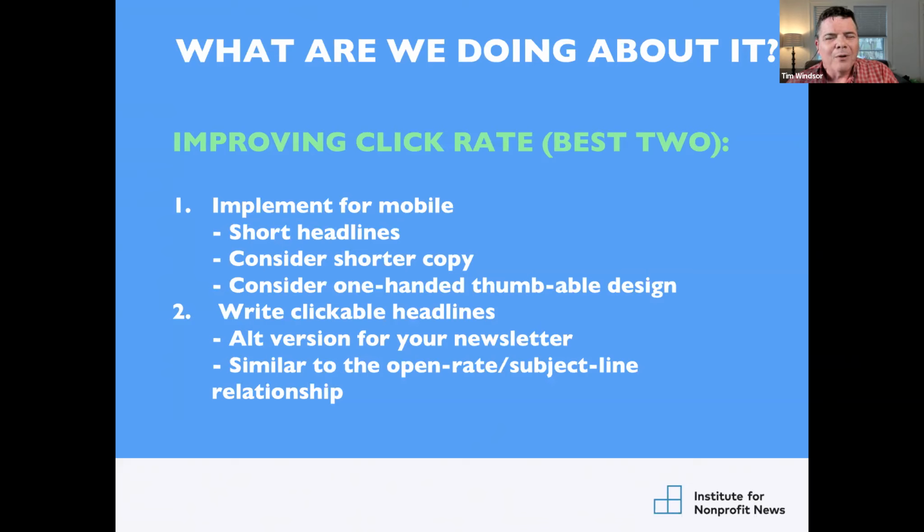But if there are two things that you can do that can really improve things, it's really thinking about mobile first, and within mobile, thinking about headlines that you can't resist clicking on. And that's not a clickbait headline. That's a headline that gives you entry into the story that you're about to get to, with some sense of what's coming and some sense of why you want to do that. What is it about that headline that makes you want to click on it?